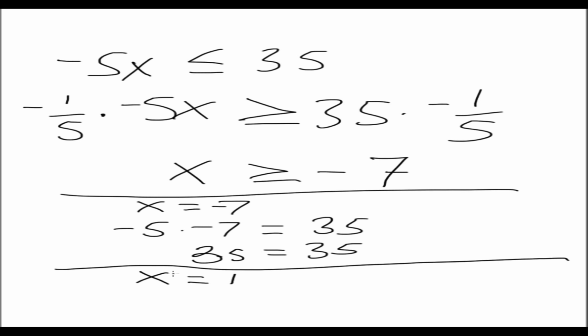X equals 1, so if x equals 1, then -5 times 1 is less than or equal to 35. -5 times 1 is a -5, and -5 is indeed less than or equal to 35. It checks.